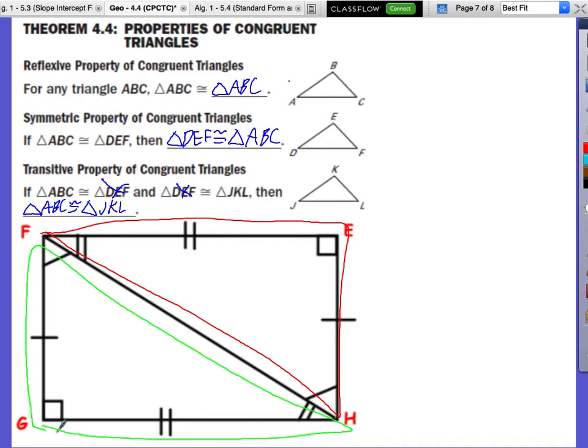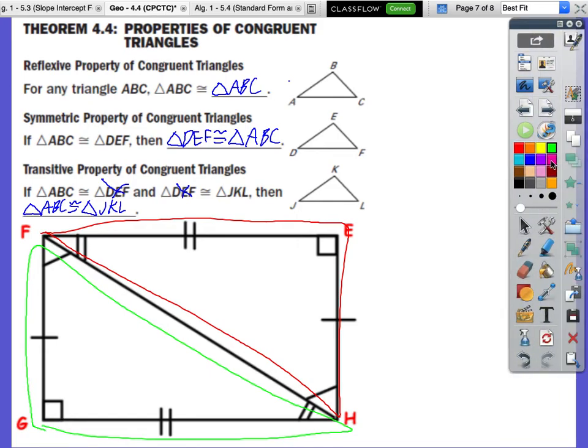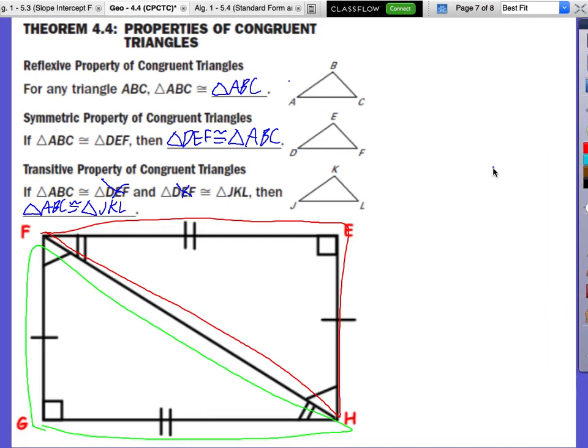Okay, it does make a rectangle. Convince me. Page. Well, there's 2 right angles, which are both congruent. These angles with the 2 tick marks are congruent, and these angles with the 1 tick mark are congruent. So we have all the angles. We have 2 of the sides, FE and GH, and we have FG and HE, but we don't have the 3rd sides.